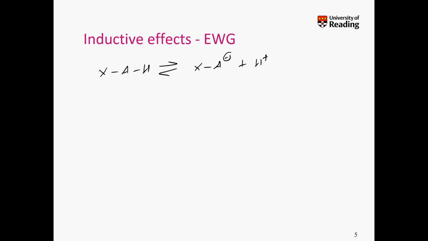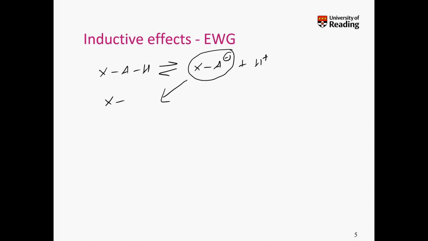What we're interested in now is the stability of the Xa minus. We know that the stability of that negative charge is the key. So if we have a very strong negative charge, we need some way of stabilizing it for Xa minus to be favorable. And we can do that if X is some kind of electron withdrawing group, and we'll explain the kind of thing that I mean in a minute.